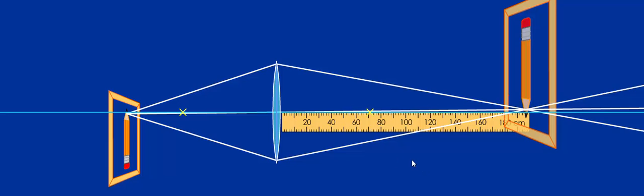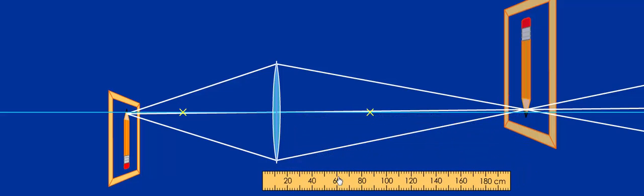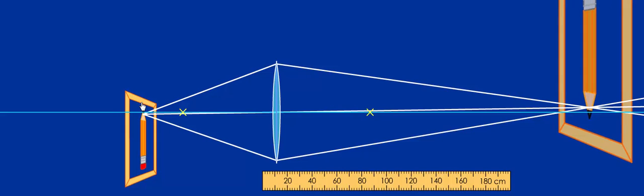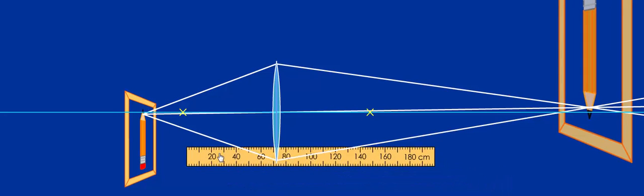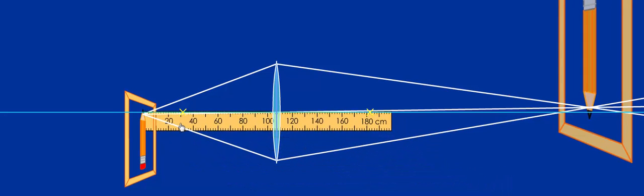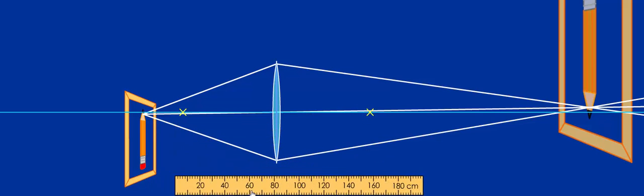We will take one more reading. Let me move it out again. That's the new object position. So measure the object distance. And I'm going to move the ruler out.